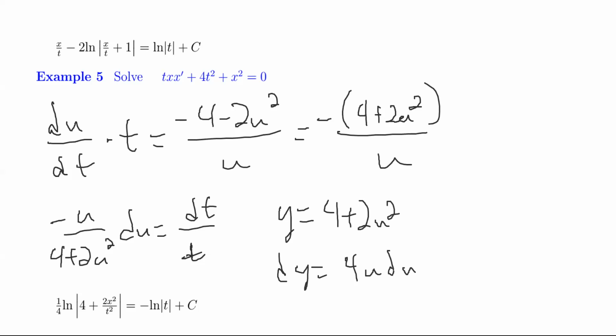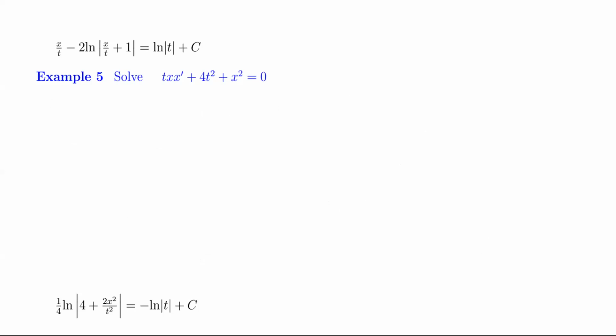So we divide by 4 on both sides. This tells us that dy over 4 is equal to u du. And that's the substitution we want to make. So this all becomes 1/4 the integral of dy over y is equal to, and then I went ahead and multiplied that negative that I had on the left earlier, moved that over to the right, integral of dt over t.